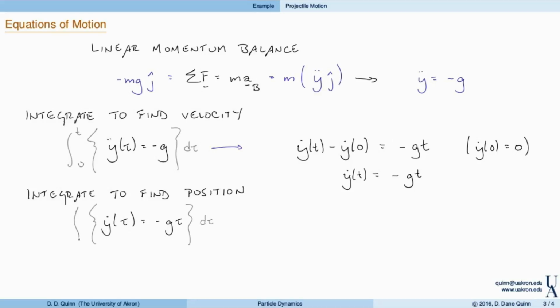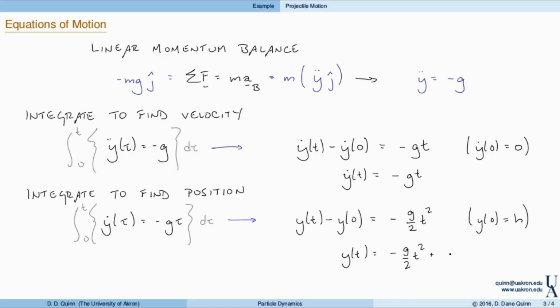Integrate over tau from 0 to t, and we find that y of t minus y of 0, again, that's the integral of the left-hand side, is minus g over 2 t squared. Here, the initial displacement of the ball, the height above the ground, is h. So using that information, we can solve for the position as y of t is minus g over 2 t squared plus h.